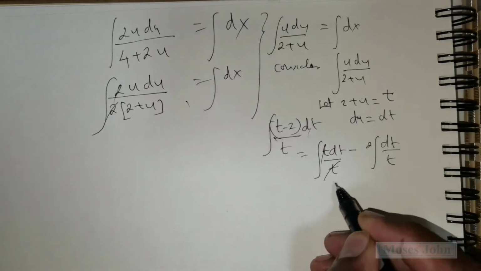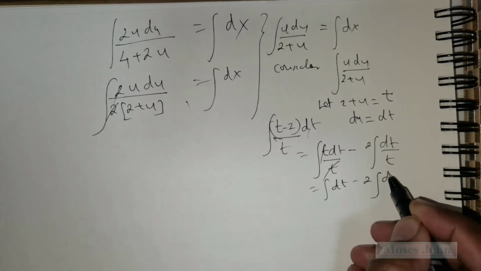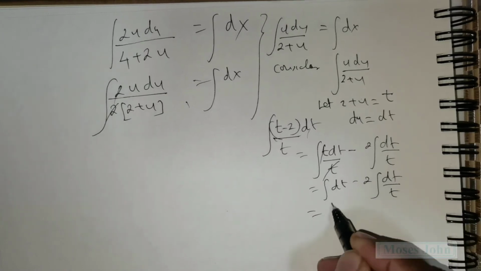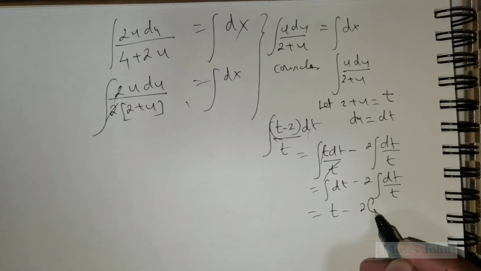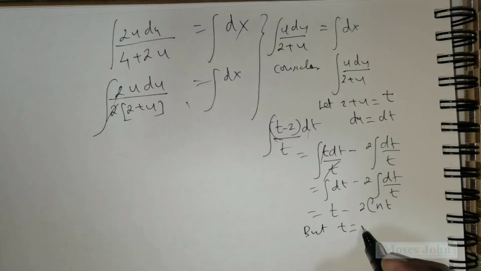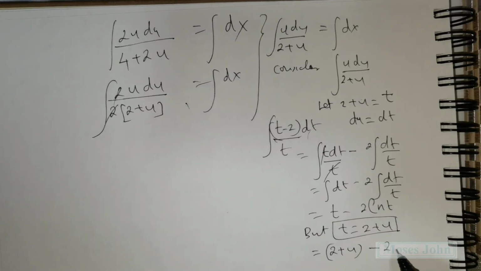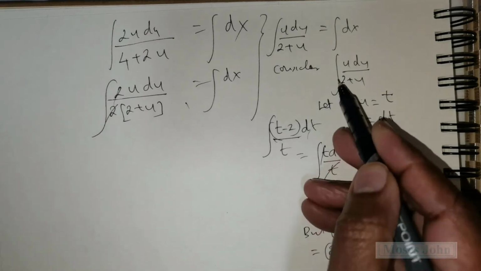T and t can be cancelled, giving me the integral of dt minus 2 times the integral of dt/t. This is going to be t minus 2 ln t, but the value of t is 2 + u. Substitute that. So this is going to be 2 + u - 2 ln(2 + u). So this is what I get.